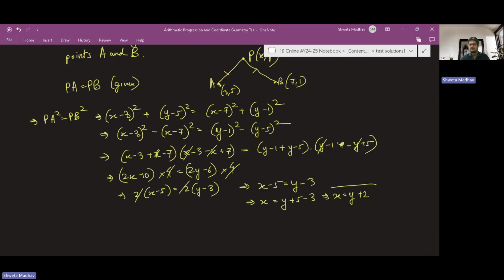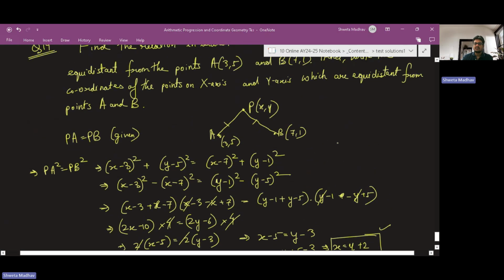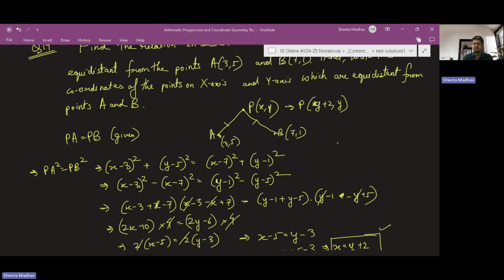This is the required relation between x and y for the point P. So the point P will be of the form (y plus 2, y), or we can say y is equal to x minus 2, so the point P is of the form (x, x minus 2).